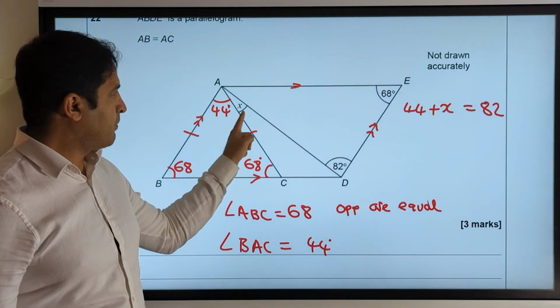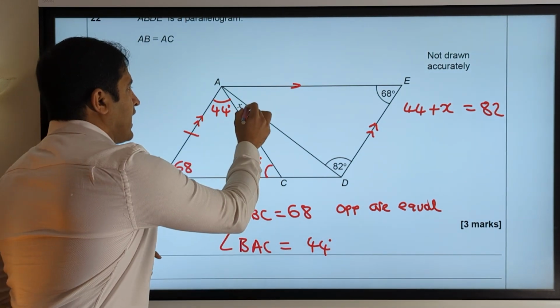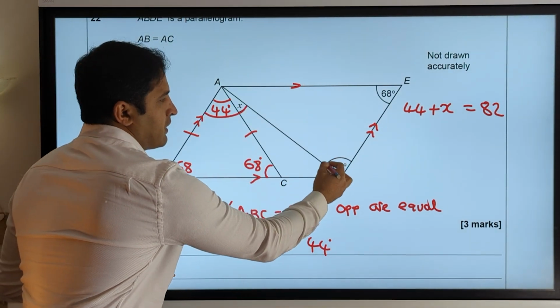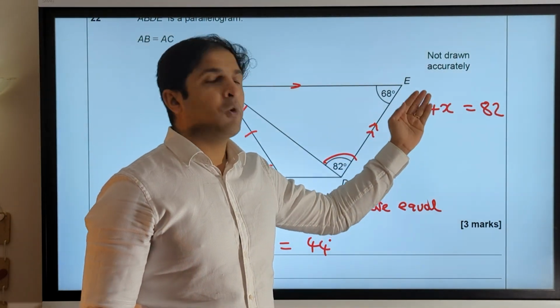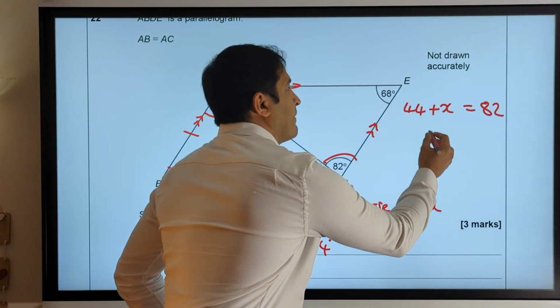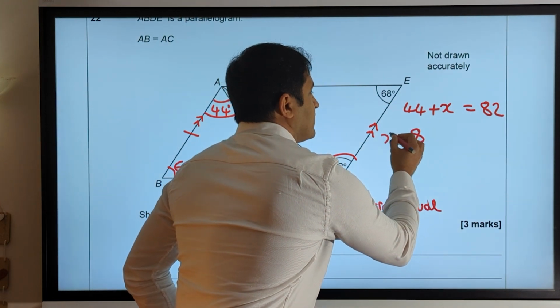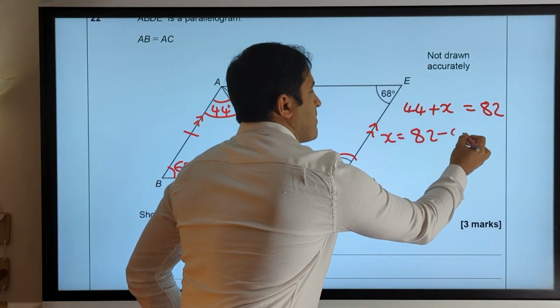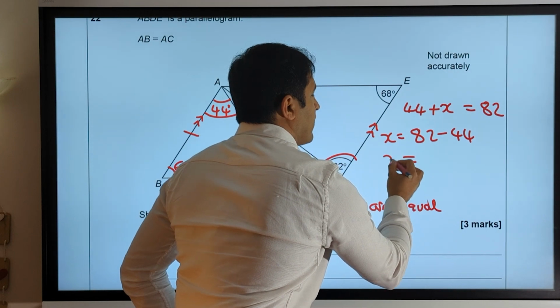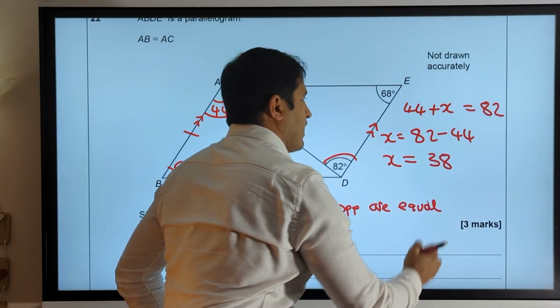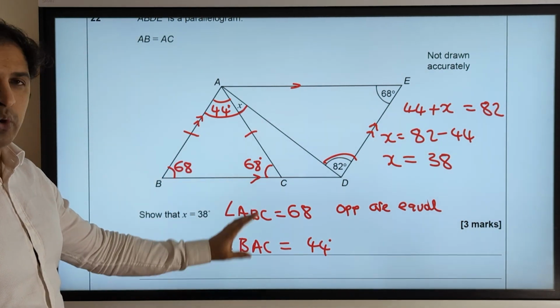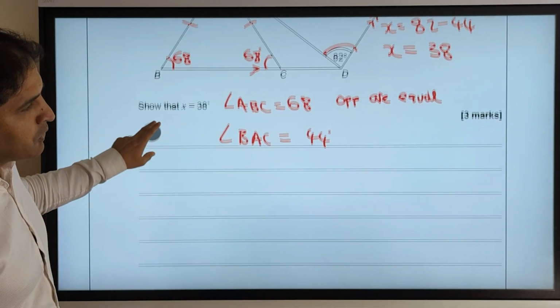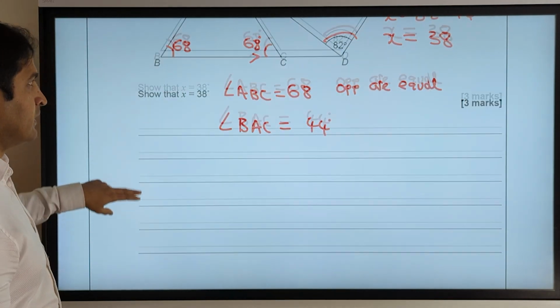If 44 plus what gives you 82? That means x is equal to 82 minus 44. Therefore, x is equal to 38. Done. That's all we needed to do, but you need to go through this process to actually prove something. 3 marks.